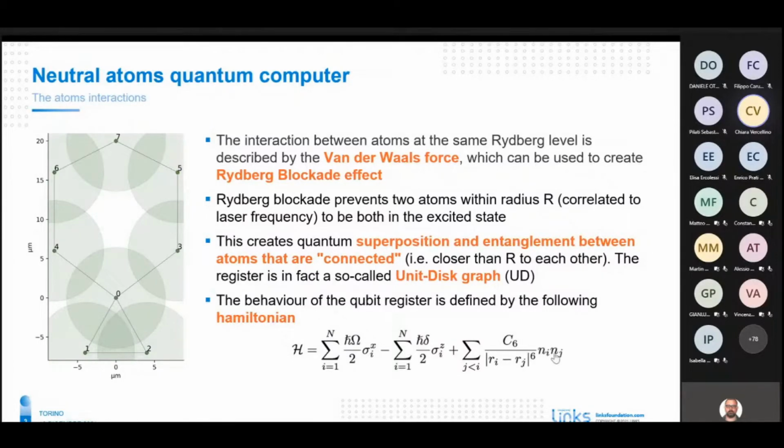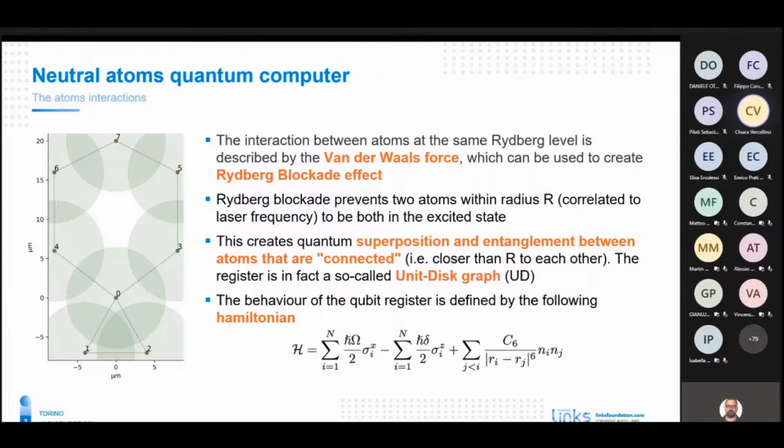This overall behavior is described by a Hamiltonian, in which the pulse configuration is described by the Rabi frequency and the detuning, while the states of the atoms are described by the variables n_i and n_ij that represent the qubit states.